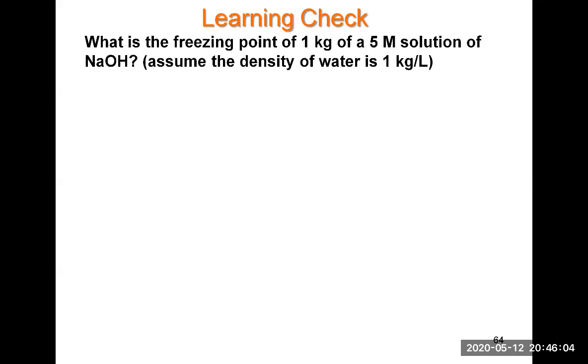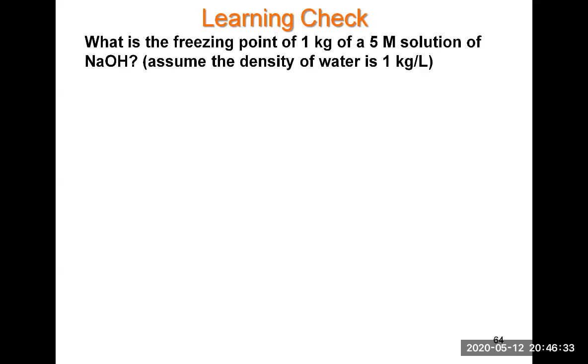It is assumed that water is the solvent. When you have 1 kilogram of water, you actually have 1 liter of water. That's what the density of 1 kilogram per liter means here. So we can take it as 1 liter of water.